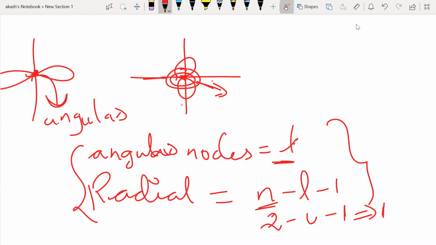So I think the numbers are given in such a way that the calculation will be a little easy. So you can calculate.